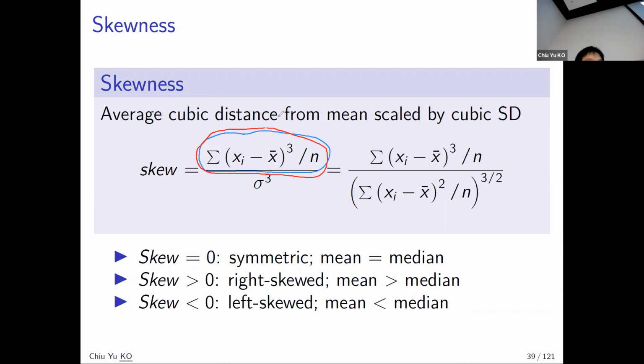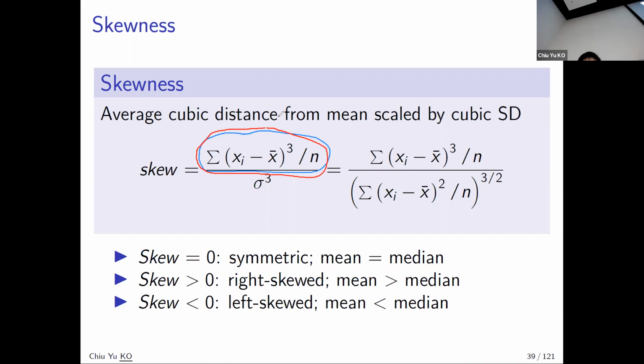Variance is the average squared distance from the mean. This is the average cubic distance from the mean, raised to the power 3. When it's squared, it's always positive, right? When it's raised to the power 3, negative remains negative, positive remains positive.